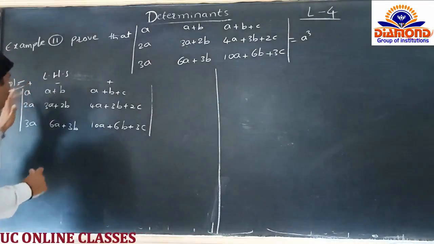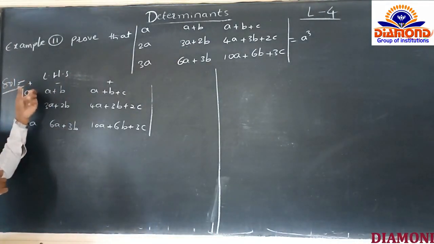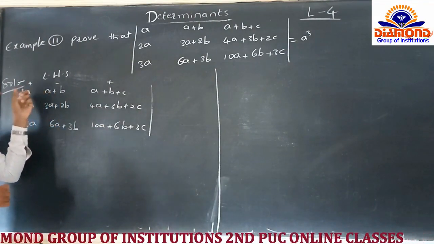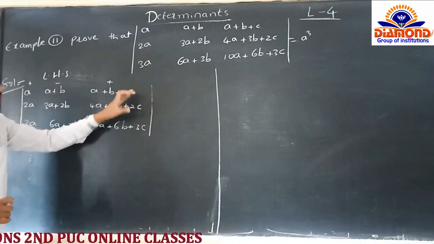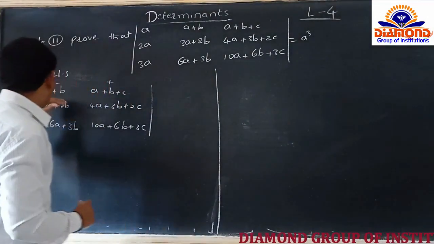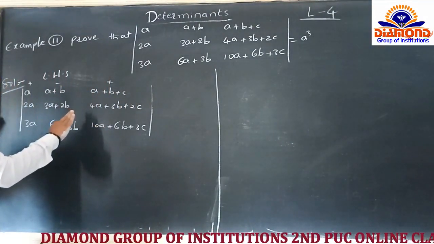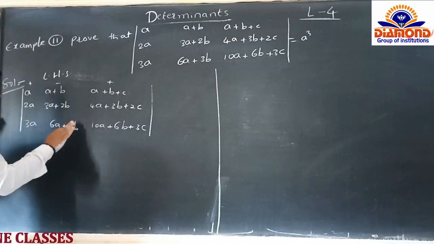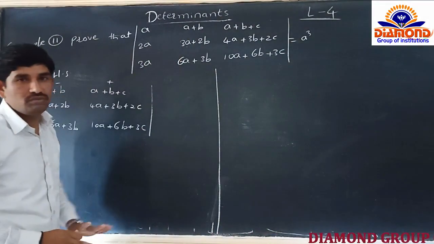Without applying a row or column operation, expanding along R1 gives A cube. Otherwise, if we apply the operation without expanding, we also get A cube.